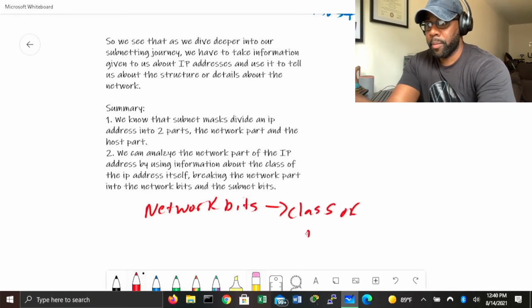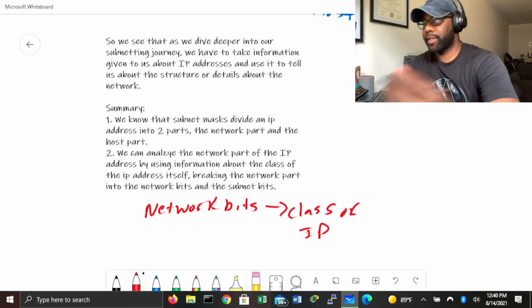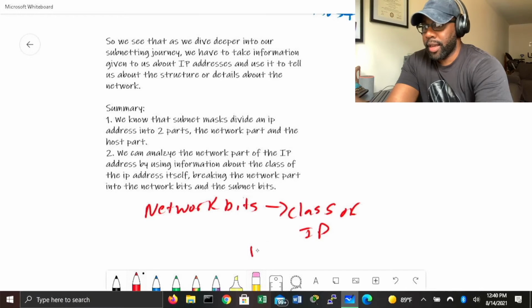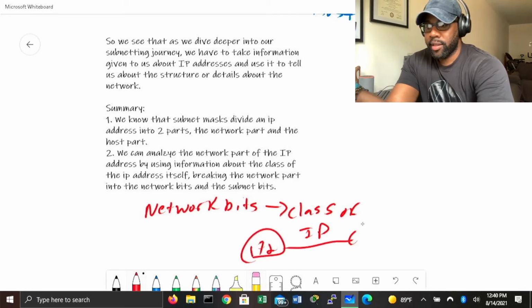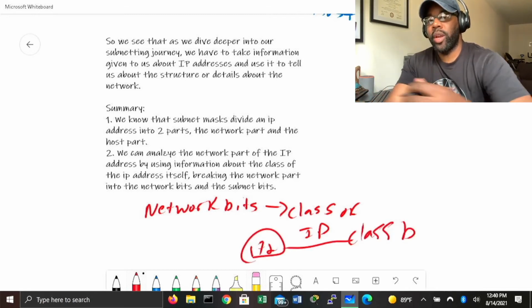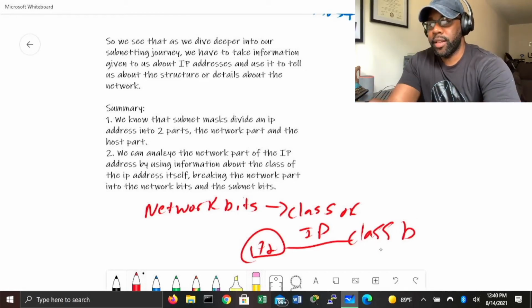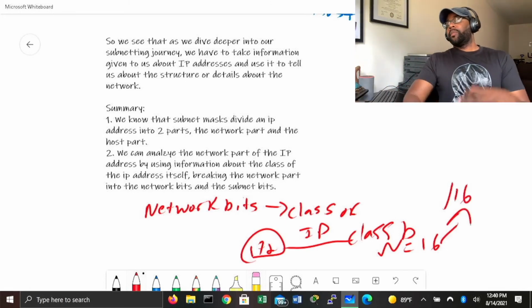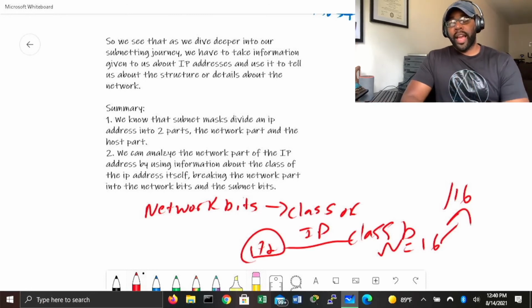So if we have the first octet, and let's use one of the examples, the 172, we know that that's class B, so we automatically know that the network bits is going to be 16 as indicated by its default mask, and its default mask is /16. Means 16 bits are locked in for that network, right?